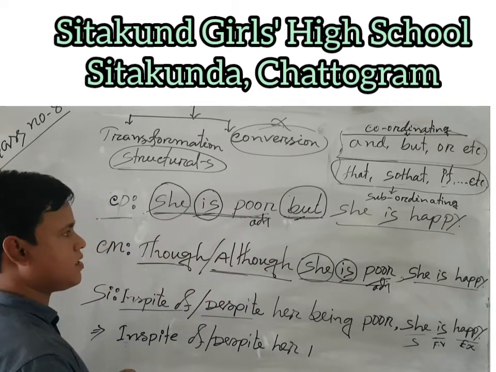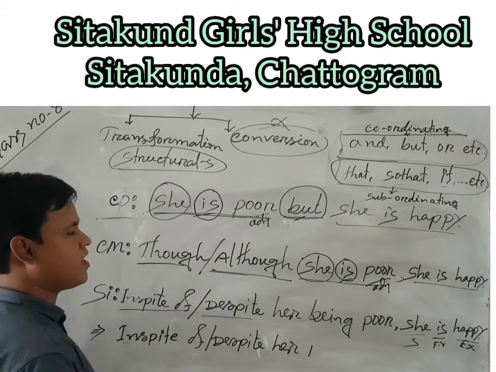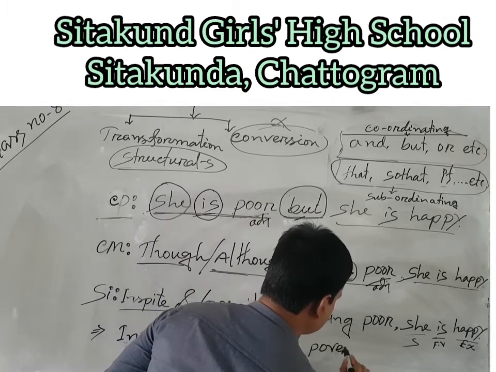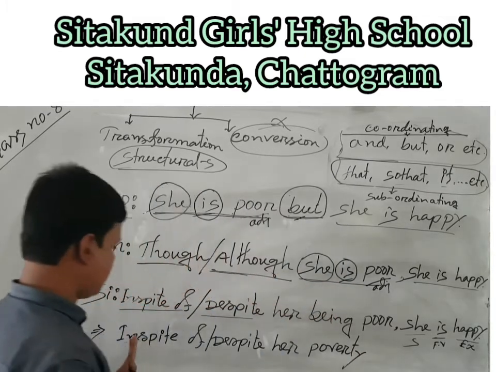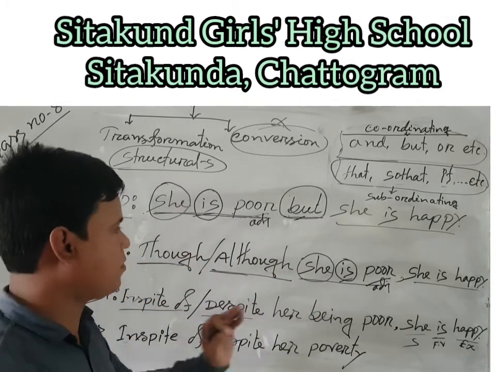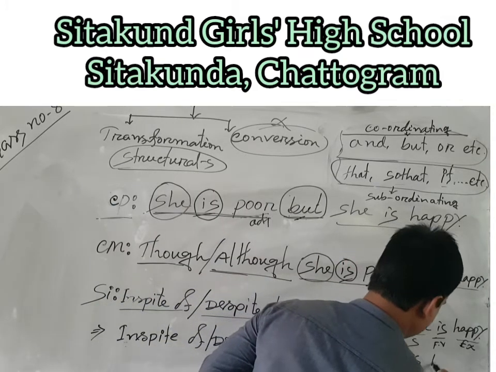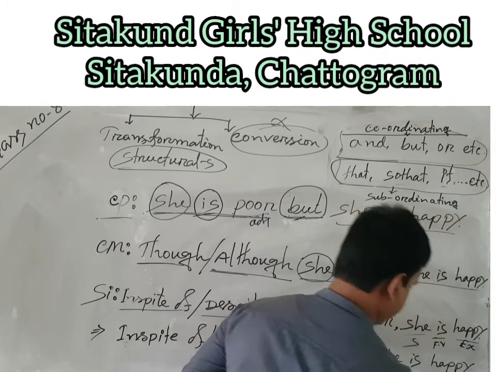Poor, the word is an adjective, and what is the noun form of poor? The noun form of poor is poverty. In spite of or despite her poverty, she is happy.